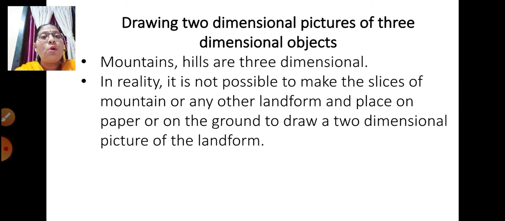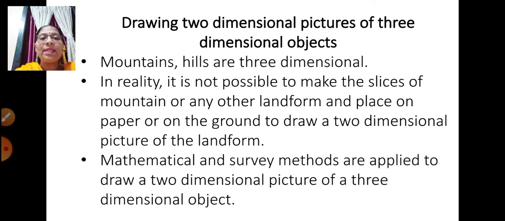So how are contours used for these three-dimensional objects? Mathematical and survey methods are applied to draw a two-dimensional picture of a three-dimensional object. So mountains and hills are three-dimensional things, and to draw the two-dimensional picture, mathematical and survey methods are applied.